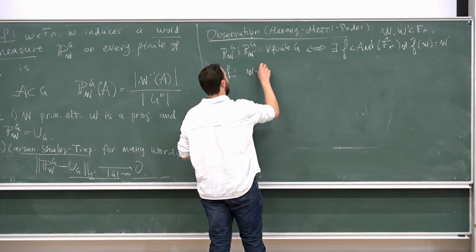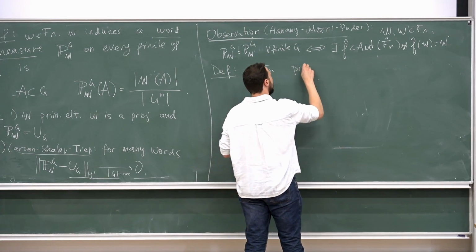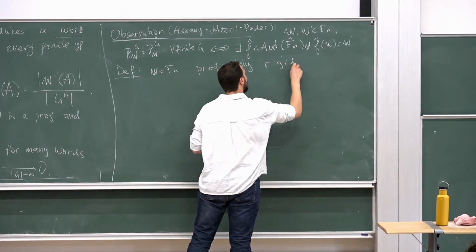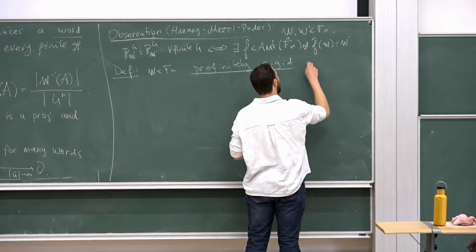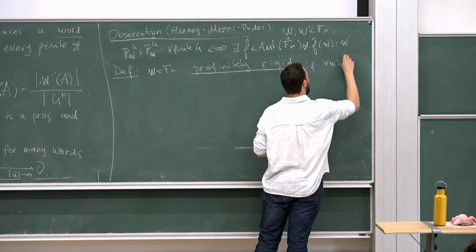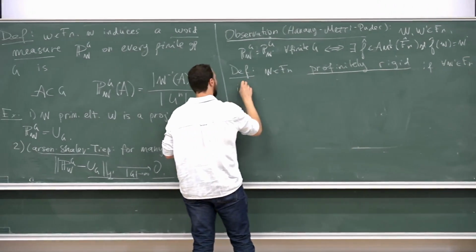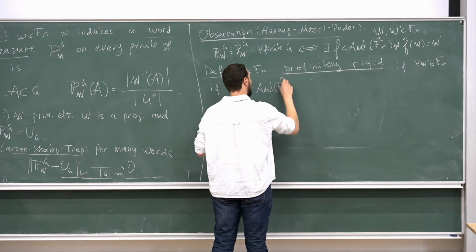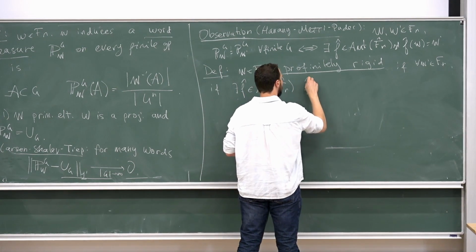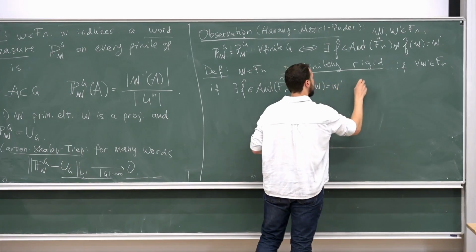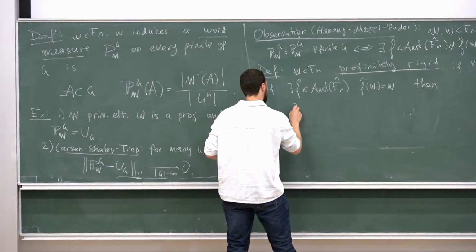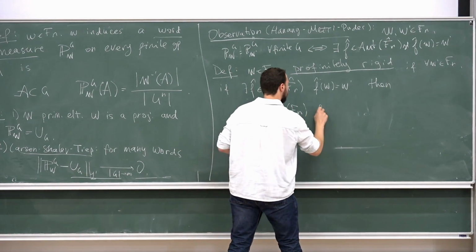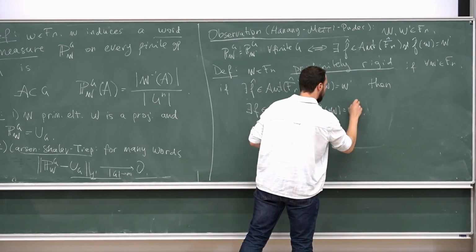And they call a word W profinitely rigid if for any other word W', if there is an automorphism of the free profinite group that takes W to W', then there exists an automorphism of the free group taking W to W'.